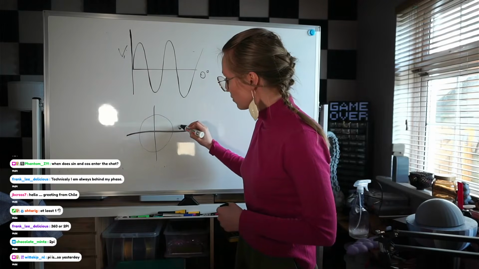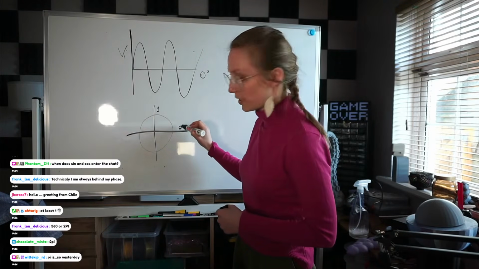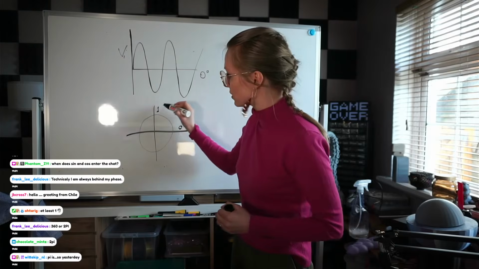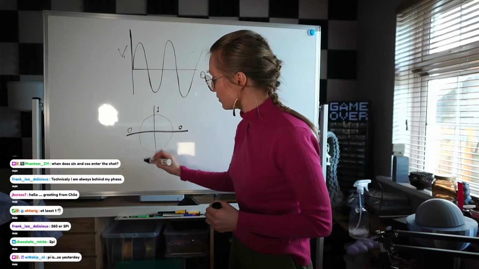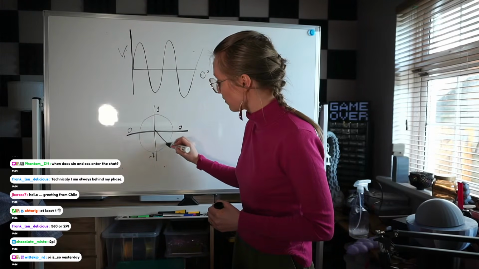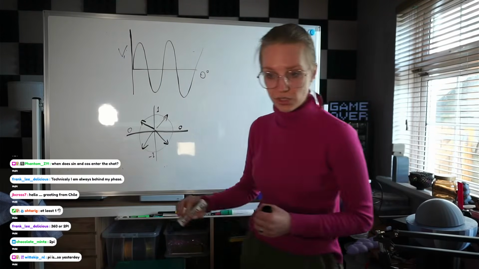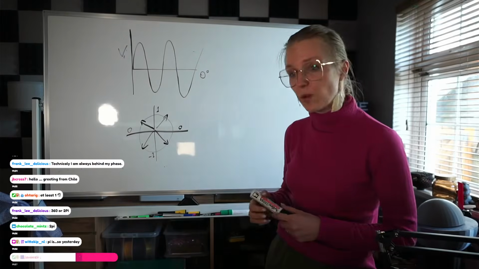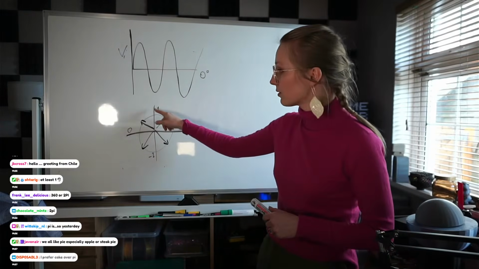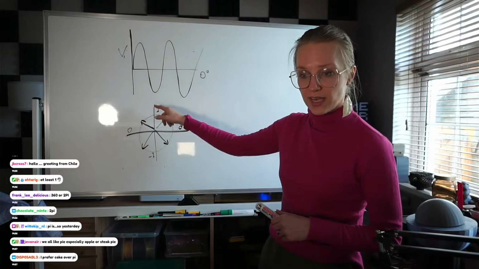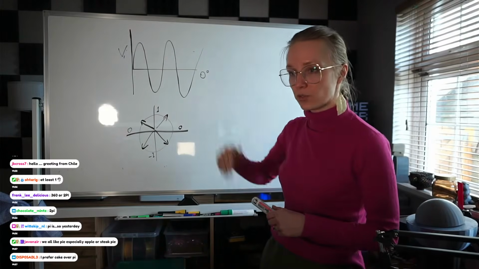This is 0 degrees, or in the unit circle, this is 0, this is 1, this is 0, this is -1. If we have an arrow moving around, it can be between those positions. That's why we use sine and cos. What's sine of 1 in this case? Sine in brackets 1.